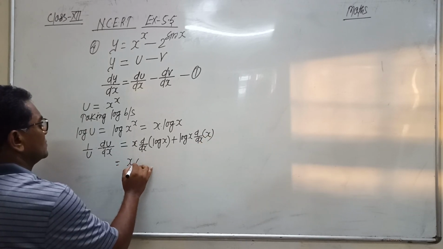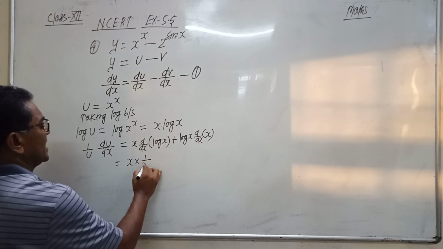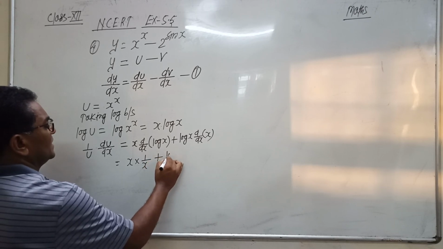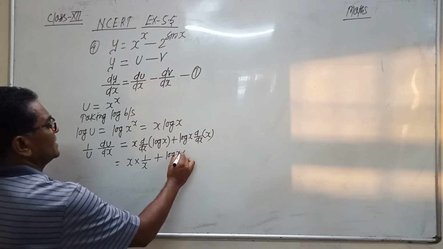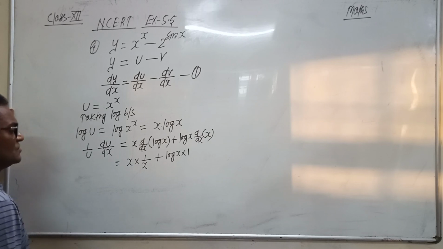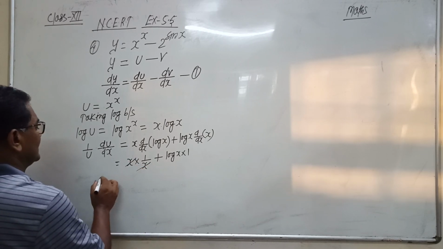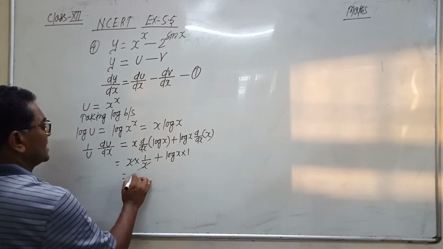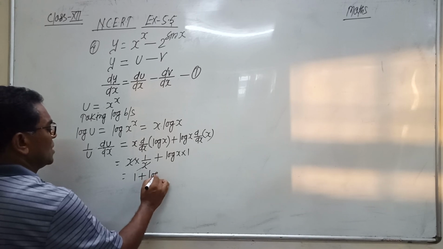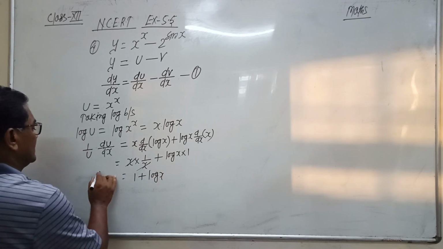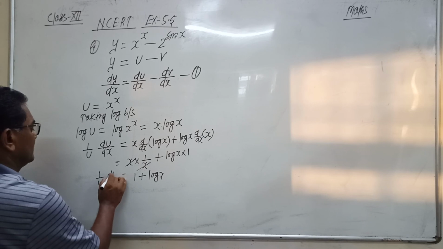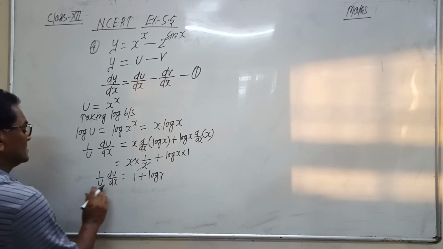So x into differentiation of log x, 1 by x, plus log x as it is, differentiation of x is 1. x and x get cancelled, so it comes 1 plus log x, and on the left side 1 by u du by dx.